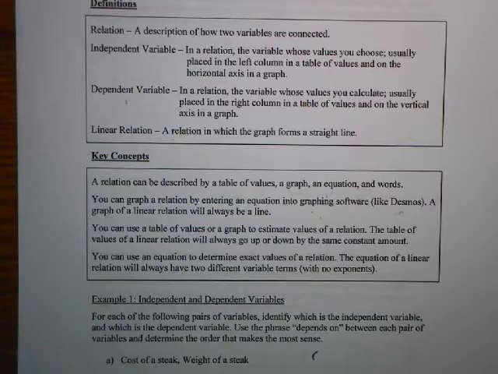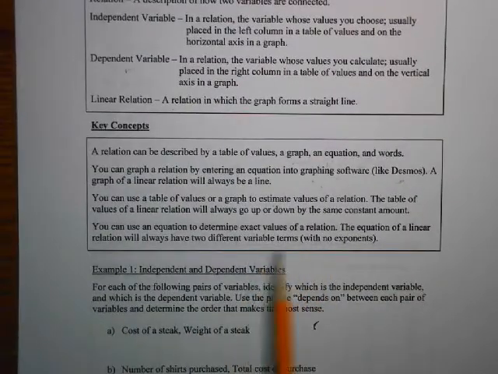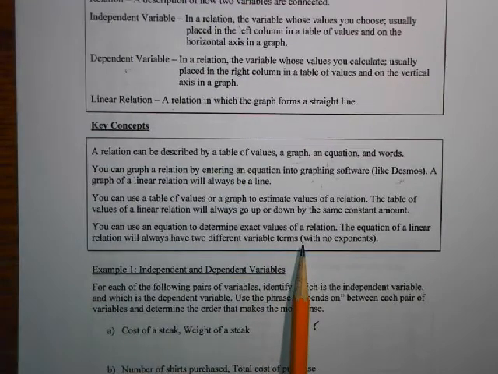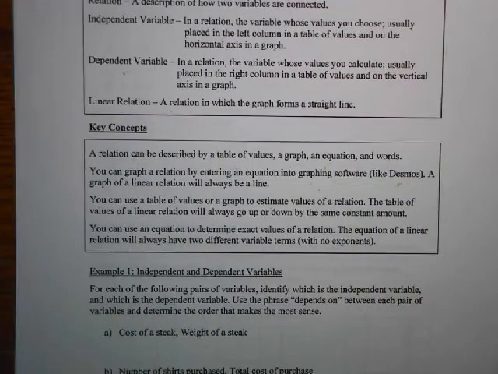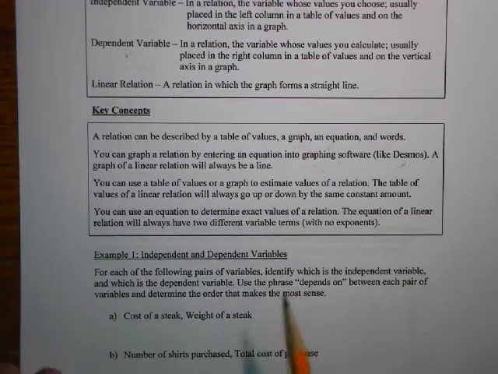Either way, it's going to be a lot of work to get all the possible values. Whereas the equation, you just plug in a number and you get the resulting value, the y value, very quickly. That's why the equation is so powerful. It's accurate and it's fast, whereas the other ones are not. Okay.